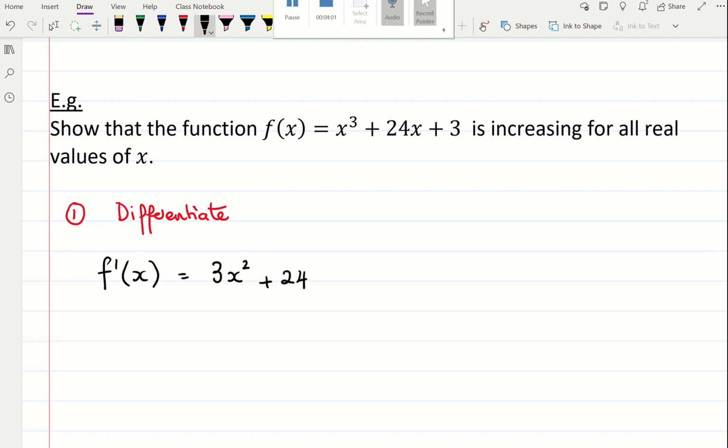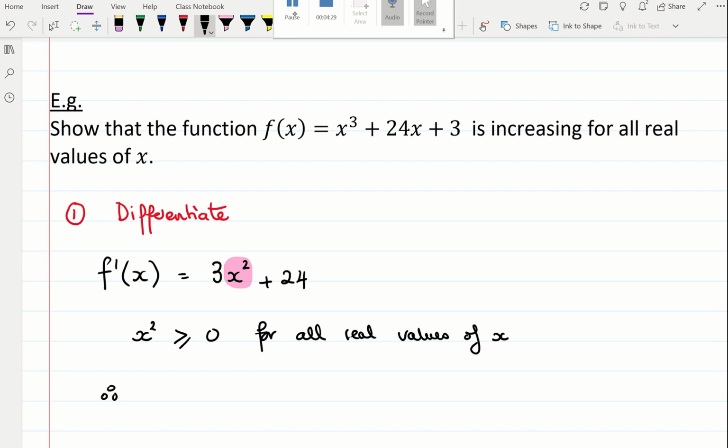Now, how does this tell me that all the values of x are going to be positive? Well, I have an x squared here. Remember, anything that is squared becomes a positive number. So I start with that. X squared is bigger than or equal to 0. It's always positive for all real values of x.